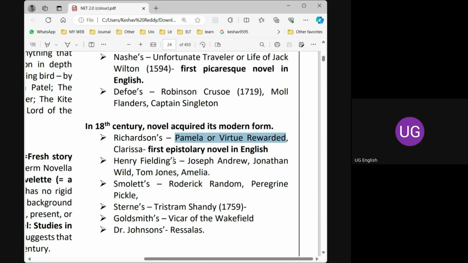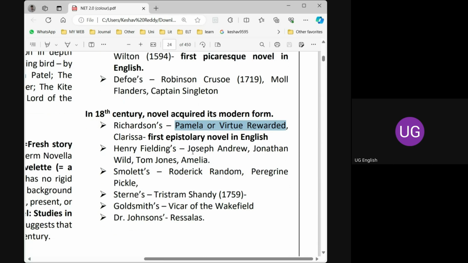And Henry Fielding's Joseph Andrews, Jonathan Wild, Tom Jones, Amelia. There are several novels in the 18th century. And Smollett's Roderick Random, Peregrine Pickle, and Thomas Sterne is very important. Tristram Shandy is one of the most important experimental novels.